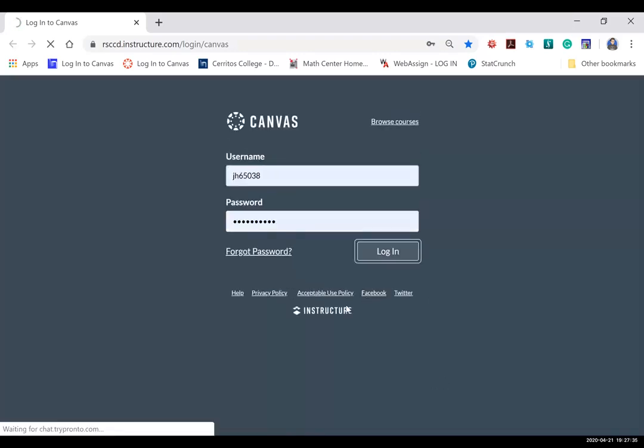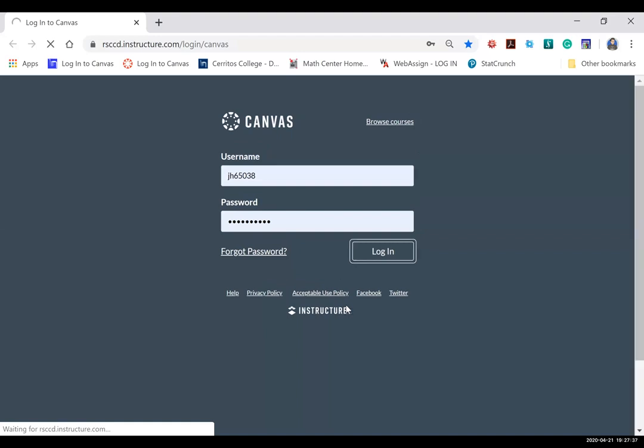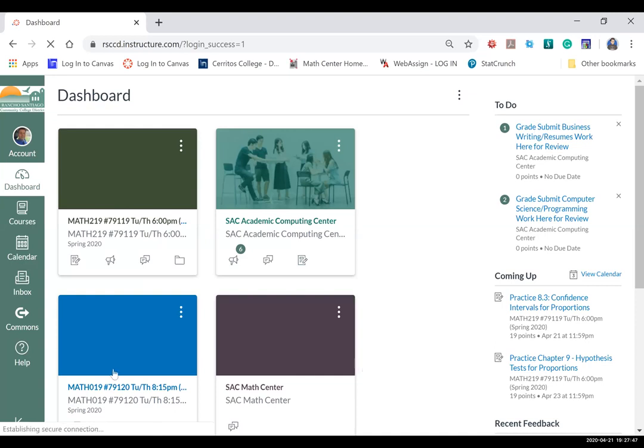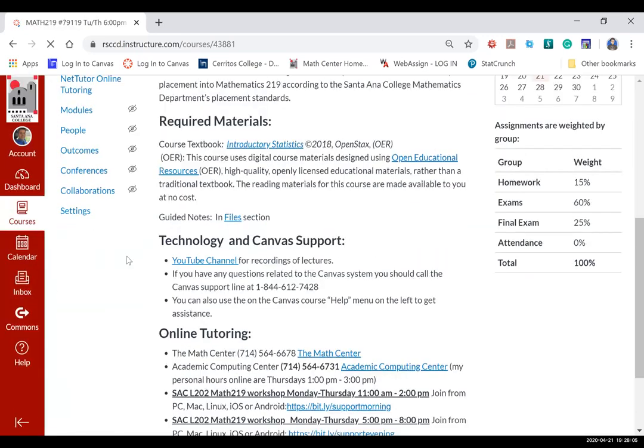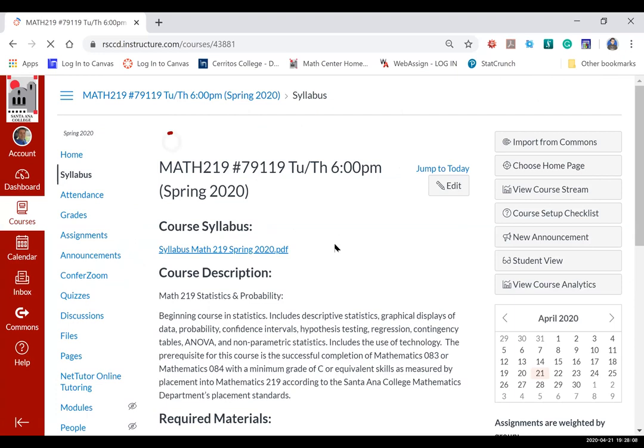Canvas. Can everybody see my Canvas page? Is it good? Yes. Okay, thank you. So if we go to Canvas, I updated this. I sent out an announcement, and I also updated something.